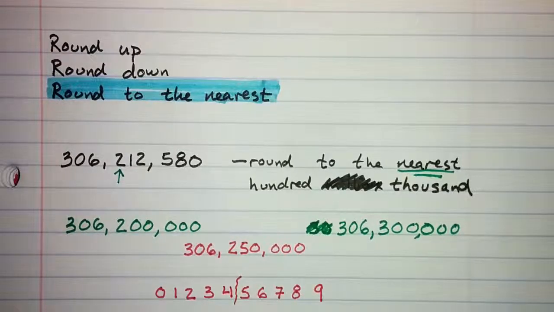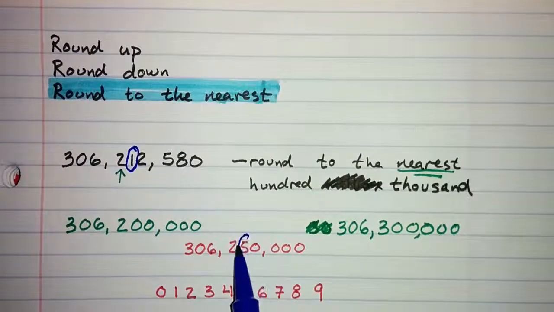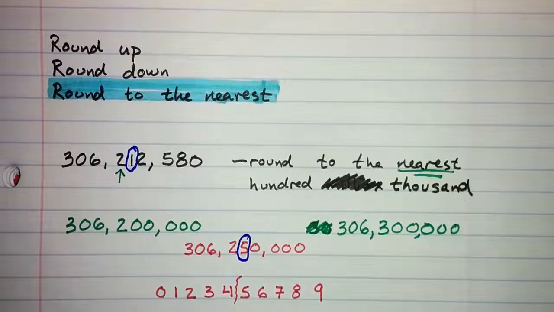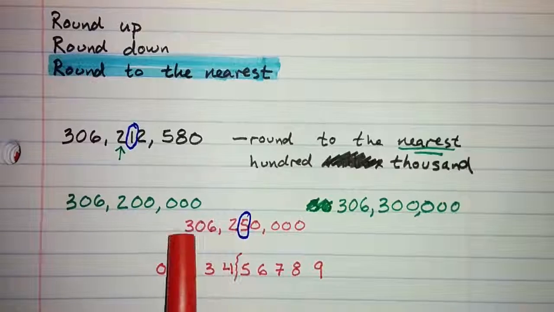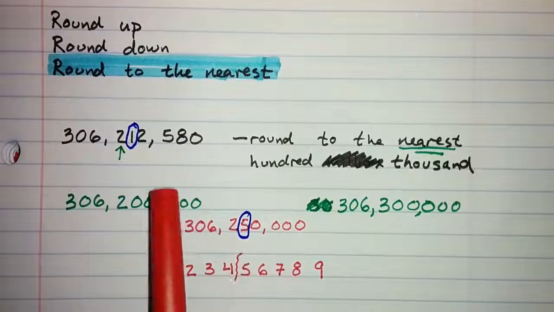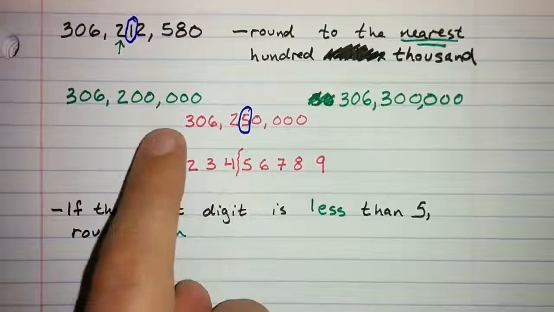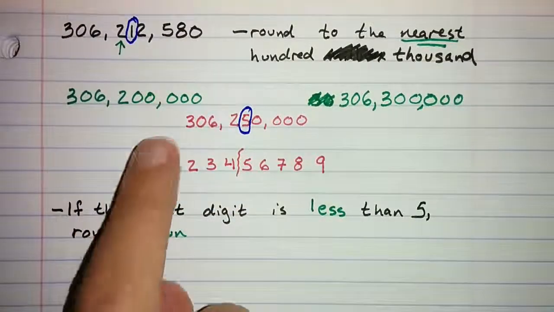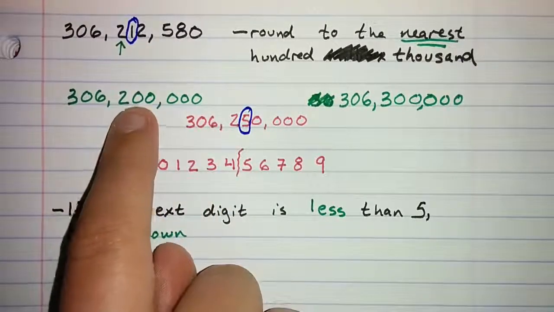But remember, when we're comparing two big numbers, all we want to look at is the first place where they're different. So, of course, because of the way we picked these numbers, the first place that these two will be different is in this place to the right of the 100,000, so in the 10,000s place. So if the next digit is less than 5, as it is in this example, we'll want to round down to the previous 100,000.